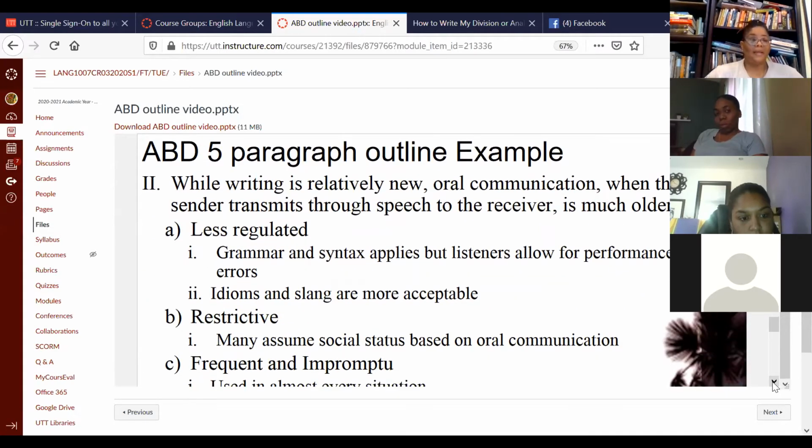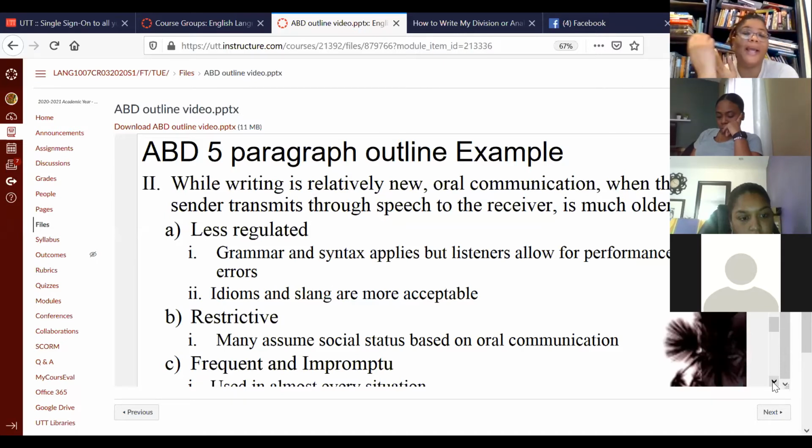Right? My second paragraph will deal with the second division that I identified: oral communication. So while writing is relatively new, oral communication, when the sender transmits through speech to the receiver, is much older, right? I will include here sign language, even though technically sign language is nonverbal, but sign language is more regulated than body language and so on.